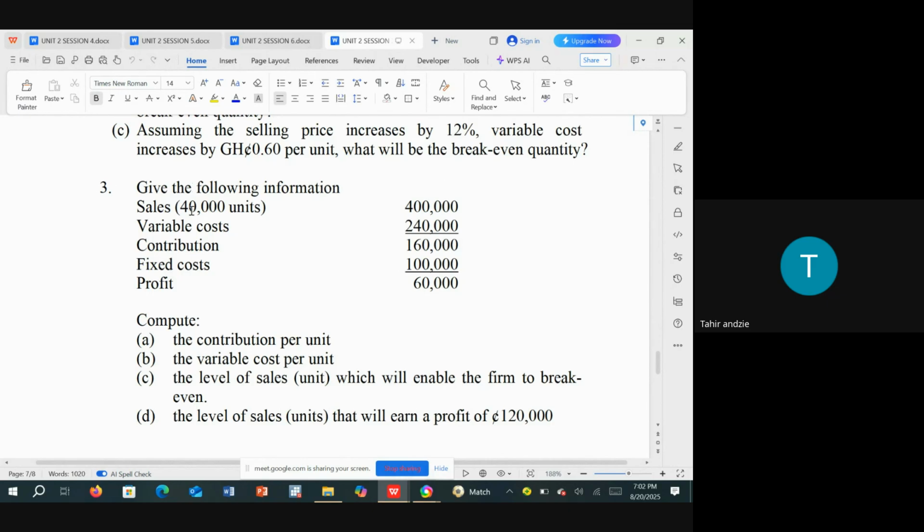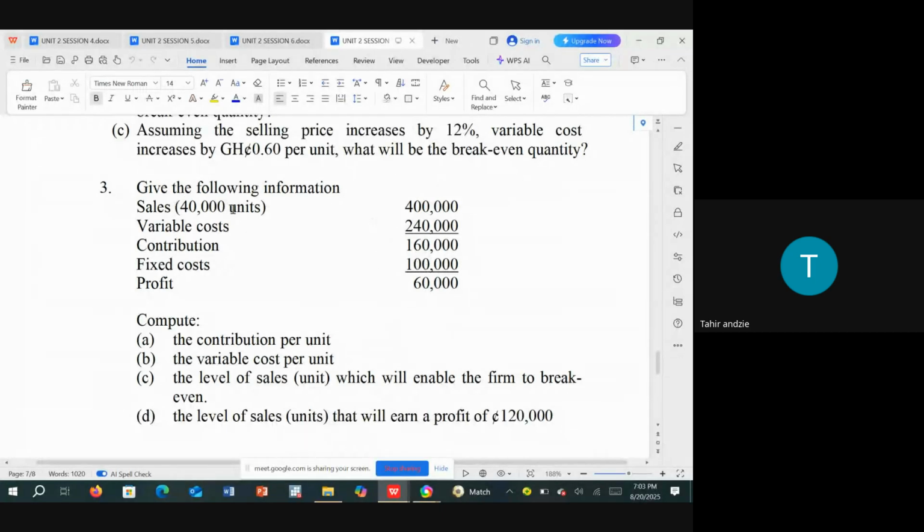This is the cheapest of all the questions you will do, because contribution per unit is 160,000 divided by 40,000. These are all totals.